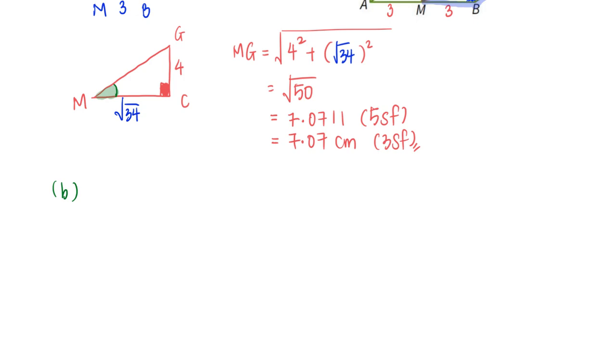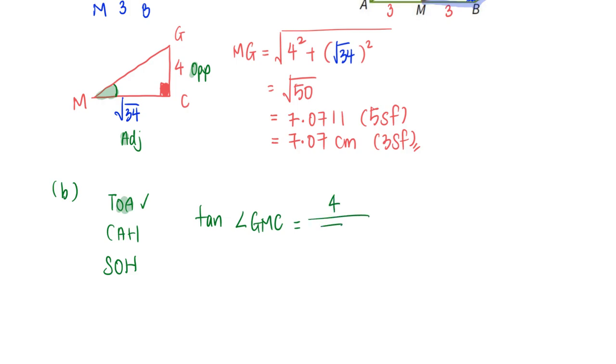With respect to the angle GMC, I have my adjacent side and opposite side, and you will see Mr. Tan applying the tangent ratio to get GMC: opposite over adjacent. And this will be the angle that we are trying to find for the angle of elevation of G from M.